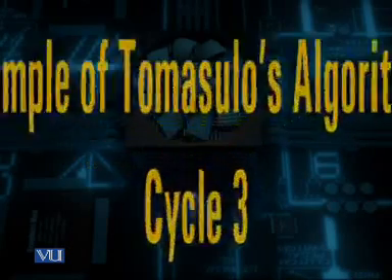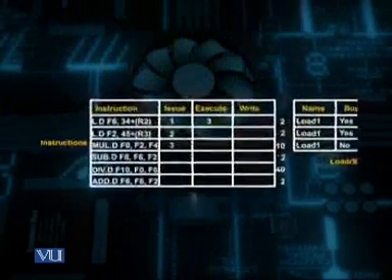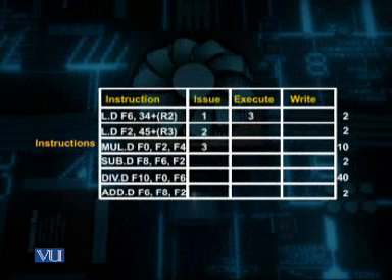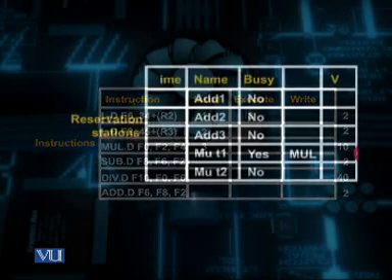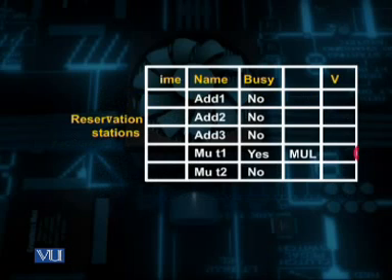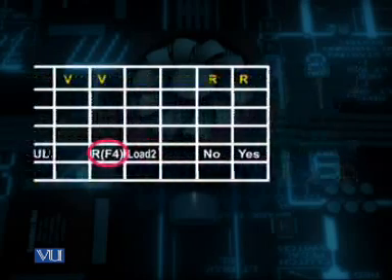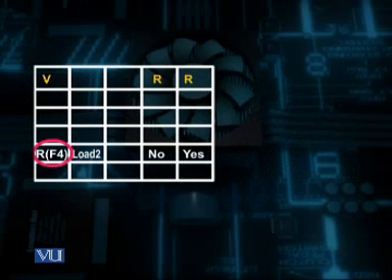In the third clock cycle, the multiply instruction is issued, whereas the first load instruction completes its execution. You can note over here that in the reservation station, the register names are removed. Instead of this, the name which is R within brackets F4 means that it is the register F4.